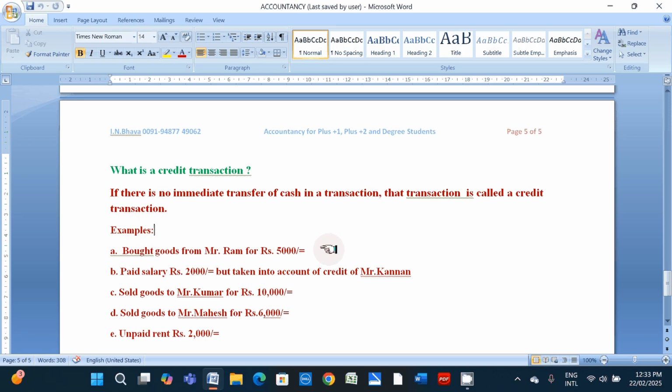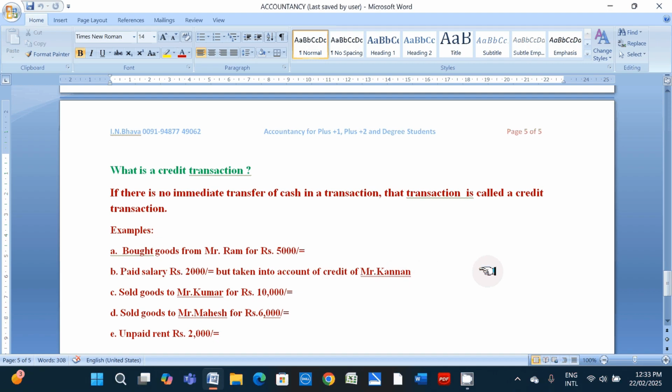There is no mention about this one, so it is construed as a credit transaction. Bought goods from Mr. Ram for rupees 5,000. It is a credit transaction. Paid salary rupees 5,000, but taken into account of credit of Mr. Kannan.